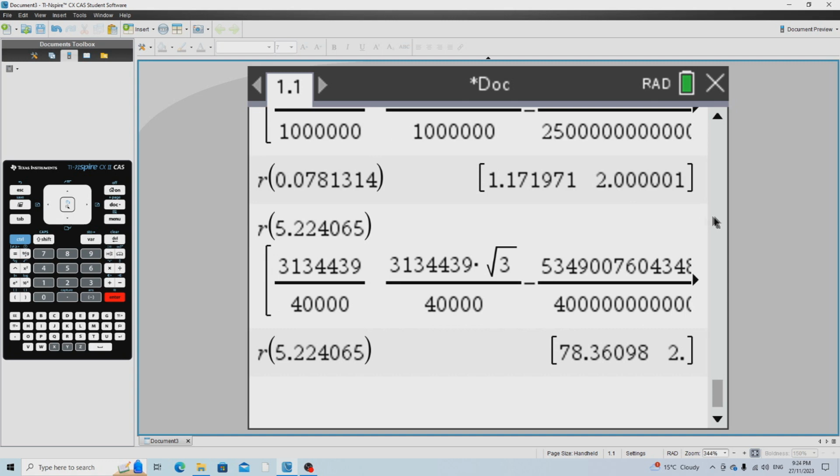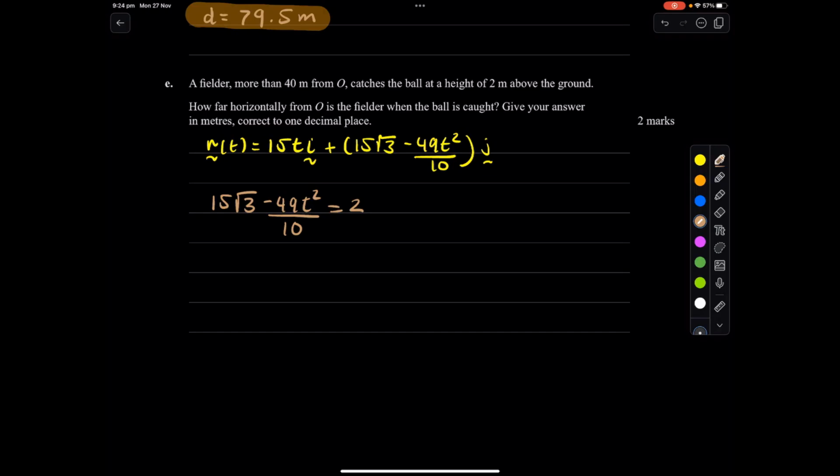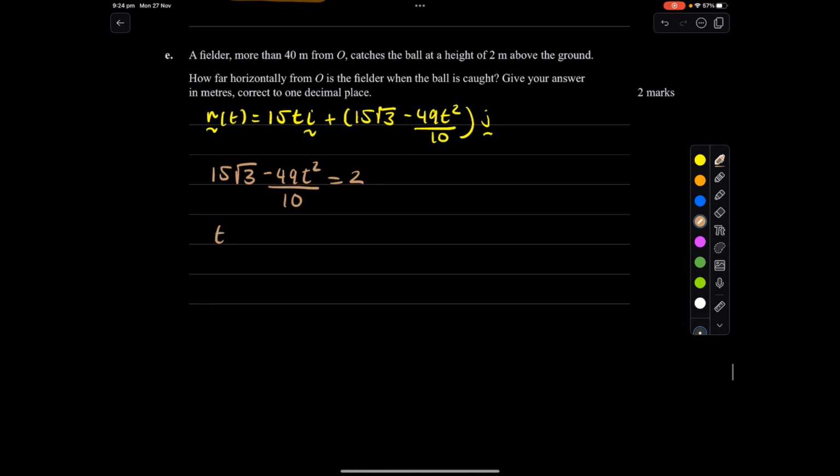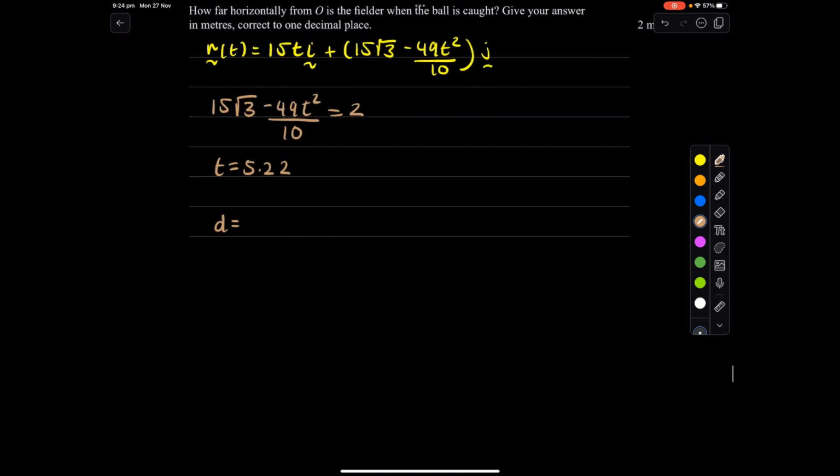Control enter. Aha, there we go. This is your answer. It's greater than 40, so that's good. So t equals 5.22, hence your distance, to 1 decimal place, is going to be 78.4 meters. Nice.